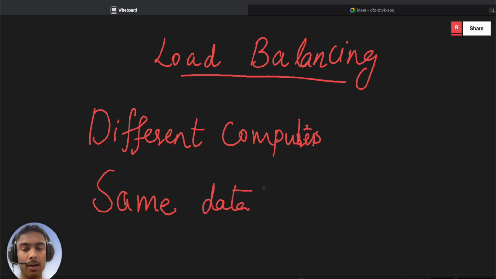This is the basic idea. So if we can allow something like this to occur in our servers, then that is called a load balanced network.